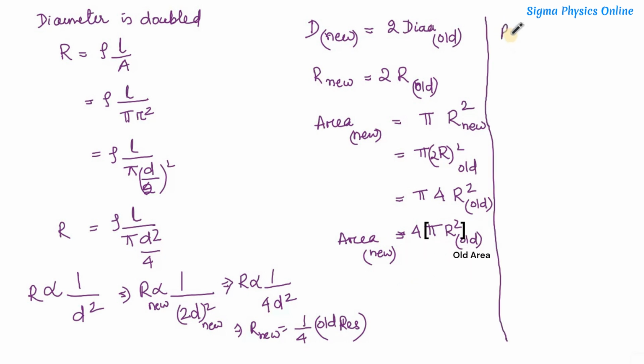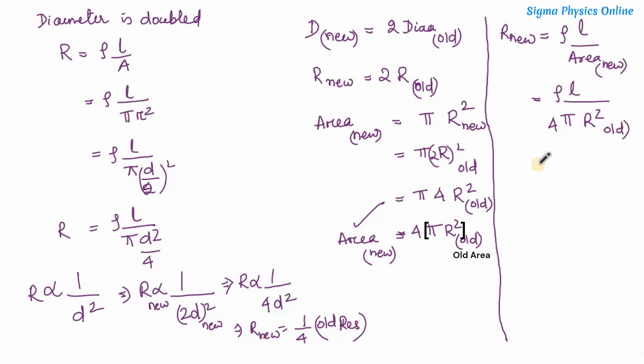So the new resistance R new will be rho L by the new area. So rho L by 4 pi r square, where r is the old radius, which is 1 by 4. Taking this 4 out, we get rho L by pi r square, that is the old radius.